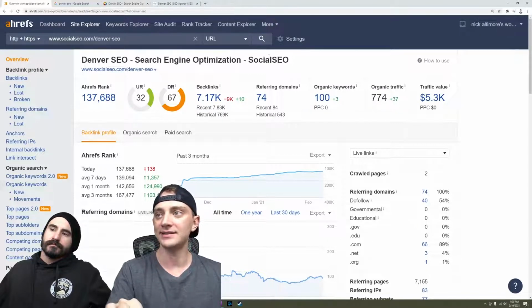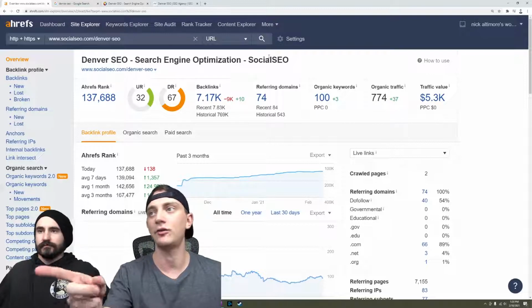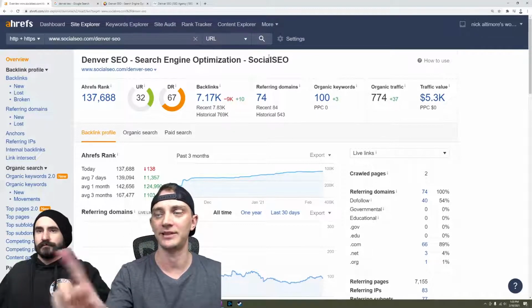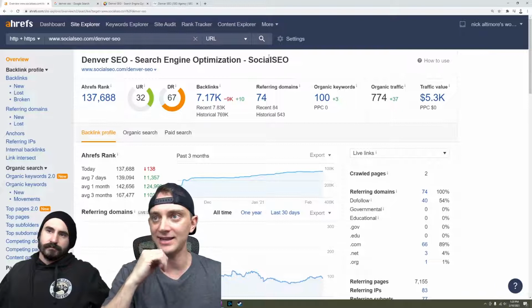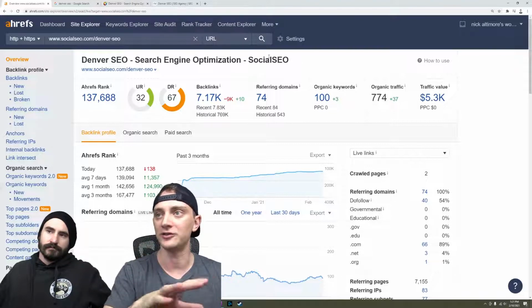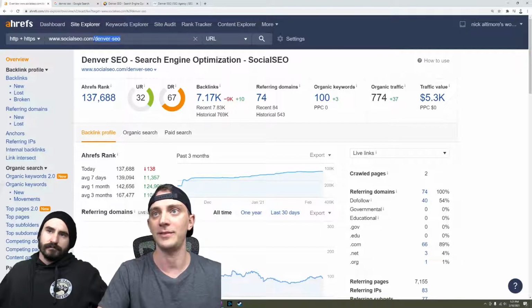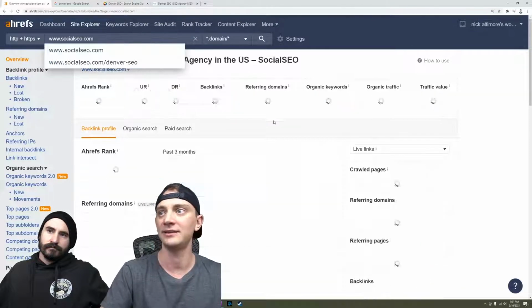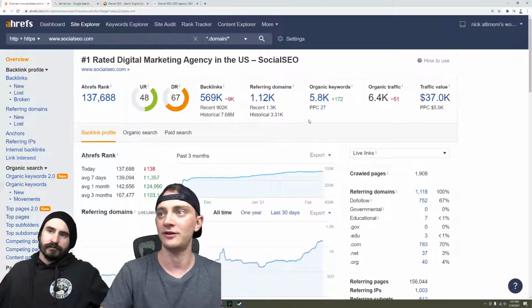But it doesn't necessarily mean I need 74 inner page links to beat this inner page. It doesn't really work like that. You have to take into conjunction the power of their overall domain, which is the referring domain count of the entire domain, which we looked at before, 1.12K.